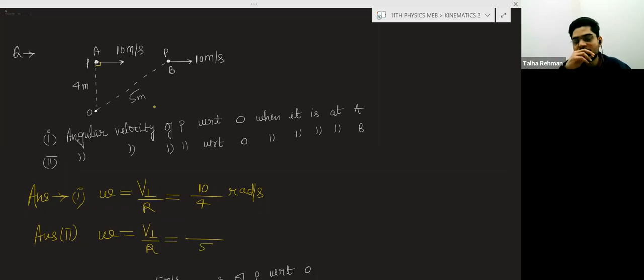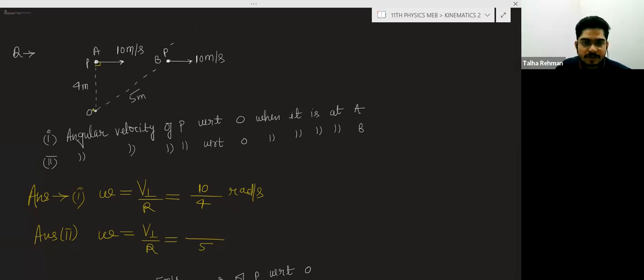But you have to find the velocity which is perpendicular to this distance, OB. This is point B, and this is particle P. The velocity is in this direction, and you want the velocity perpendicular to OB.